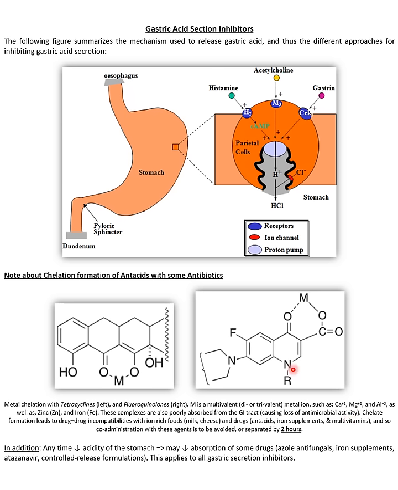The metals that are responsible for this kind of chelation are calcium, magnesium, aluminum, and there are also other metals such as zinc and iron, which are available in multivitamins.